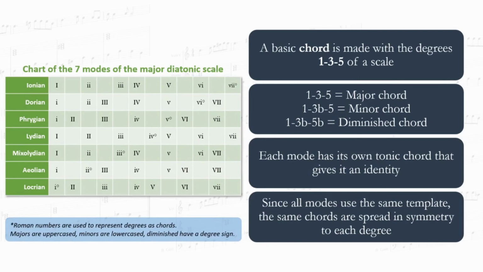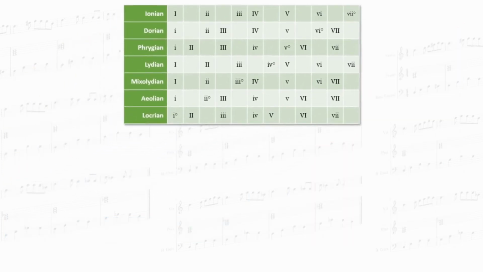By the way, the Roman numerals are used to represent the degree as chords. So major are uppercase, minors lowercase, and the diminished have a degree sign. So after all this abstract theory, we can use this last chart to give us notes and chords to be used in any mode of any key.